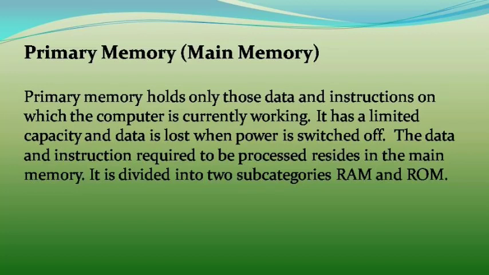It has a limited capacity and data is lost when power is switched off. The data and instruction required to be processed resides in the main memory. It is again categorized into two subcategories like RAM and ROM.